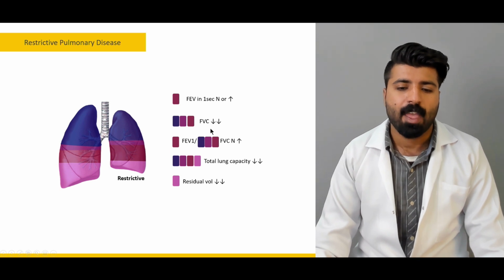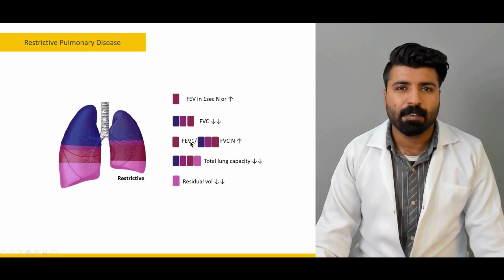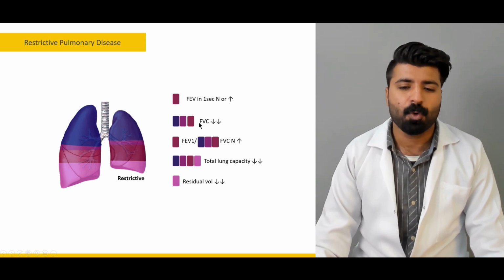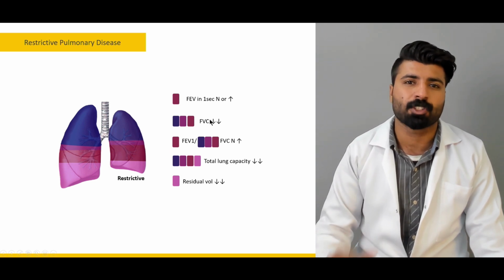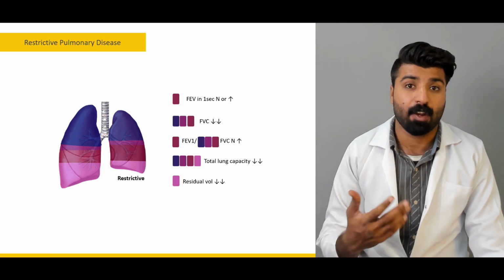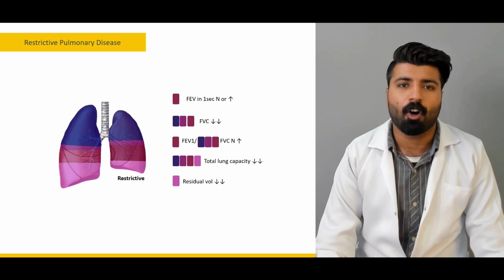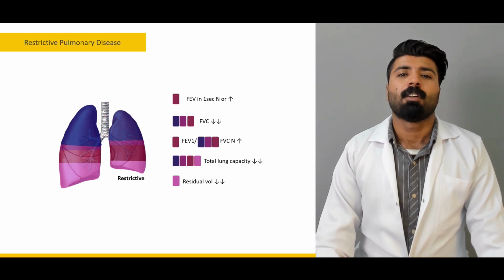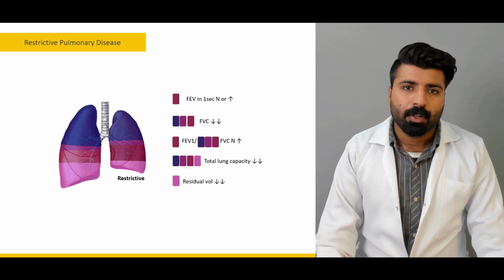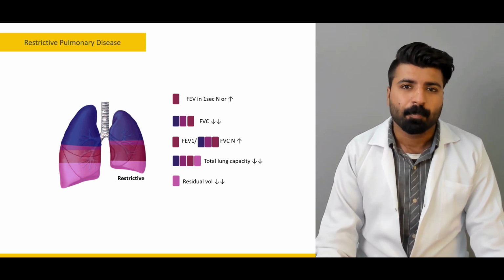Then comes FEV1. Before FEV1, I would like to tell you about FVC, forced vital capacity. Forced vital capacity is the amount of air that you can expire when you go for forced expiration. If I want to go for forced expiration, I'll take all the air in and then expire all the air out. That's forced vital capacity.